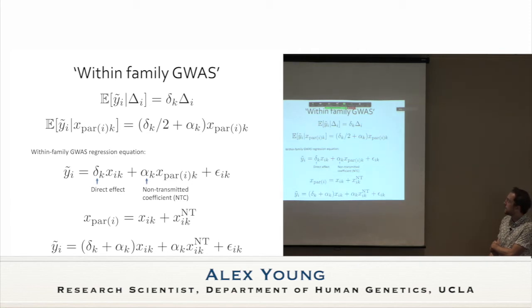So this within family regression equation is a regression of the outcome on the individual's own genotype and the parental genotype. So yes, it's equivalent to a joint regression on the individual's genotype and the parent's genotype, and I've sort of just derived what these are in terms of the other model.